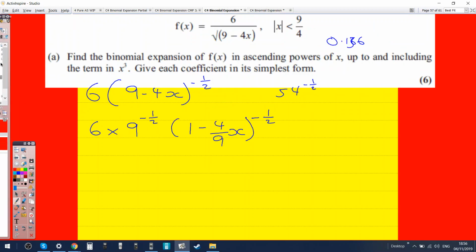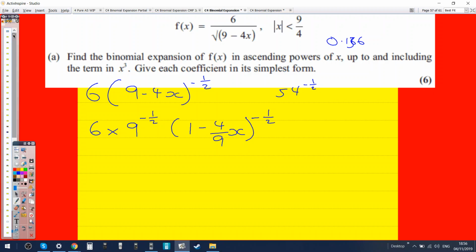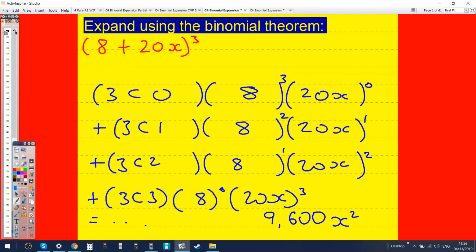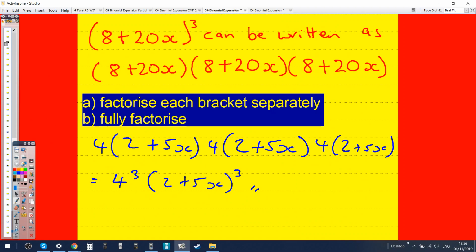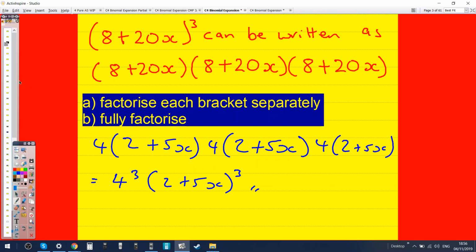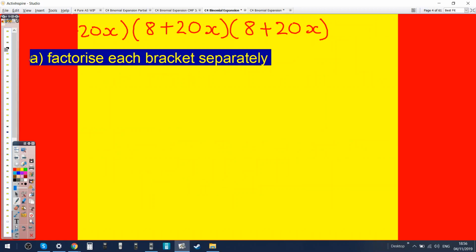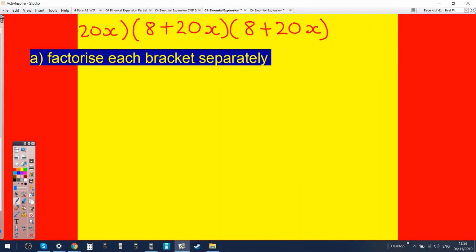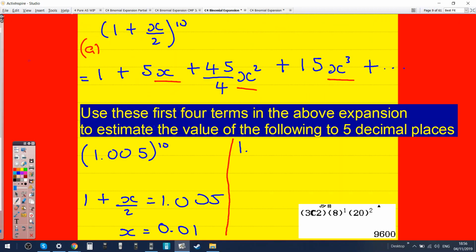Right. Let's just take a quick look. So binomial expansion, yes. So old formula, you can do it using this method. And what we saw was when you factorize out something, you keep the power. So remember that because it has to be in terms of 1 plus ax for the new formula.